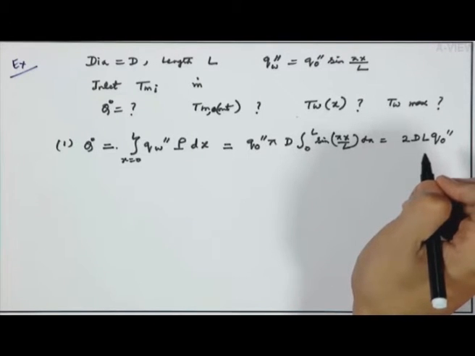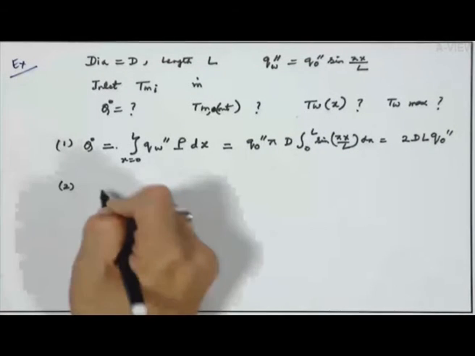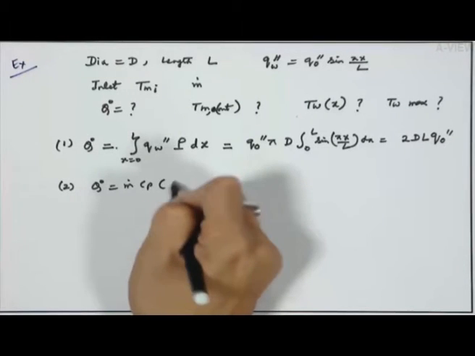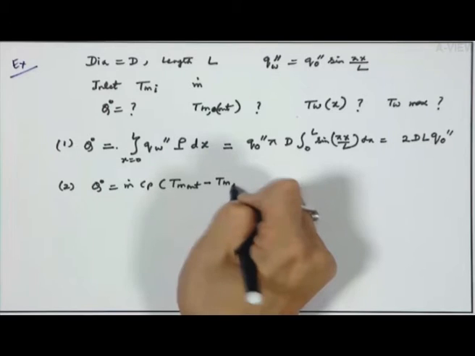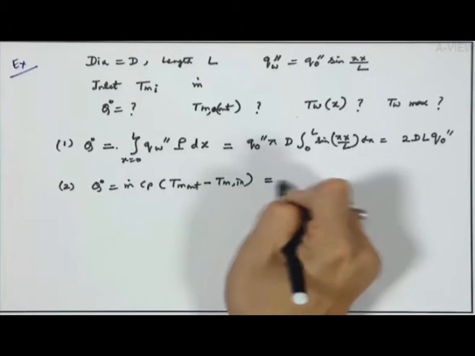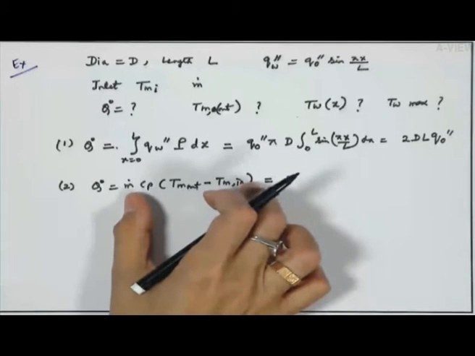The fluid outlet temperature: q dot is equal to m dot Cp into Tm out minus Tm in. This is TL minus T0. This energy difference is supplied by what?